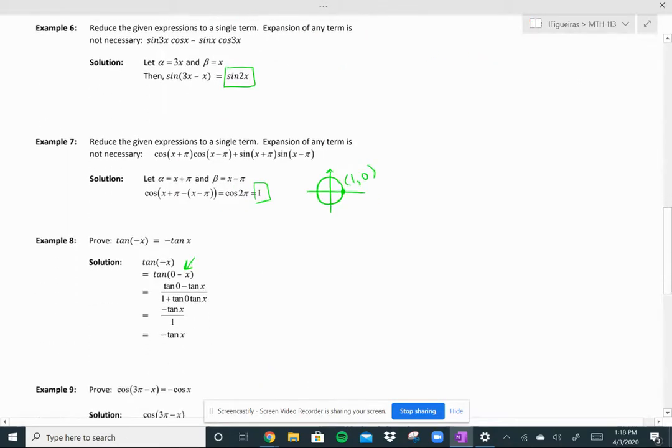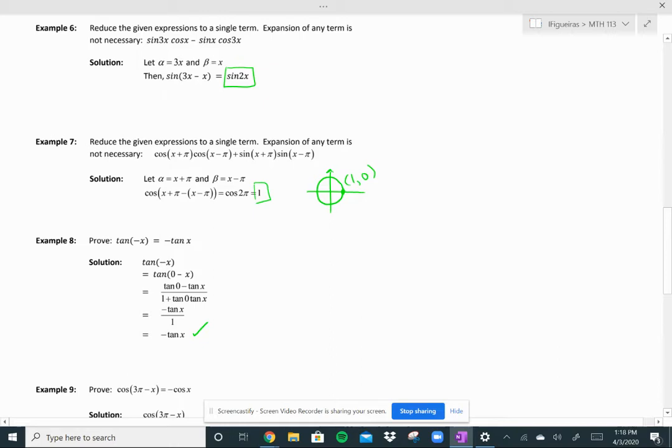This is the tangent of alpha, which is the tangent of 0, minus the tangent of beta, which is the tangent of x, divided by 1 plus the tangent of 0 times the tangent of x. Well, tangent of 0 is 0, so my numerator becomes negative tangent x, and my denominator just becomes 1. So you've proven that tan of negative x equals negative tan of x.